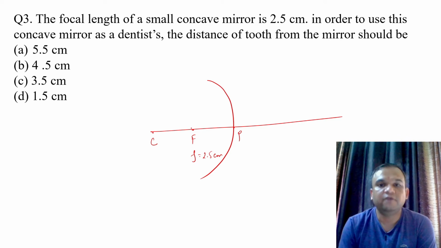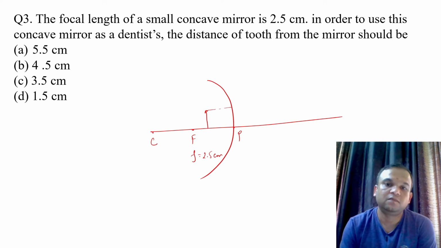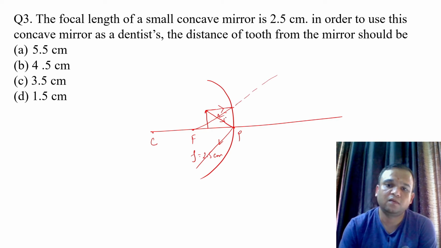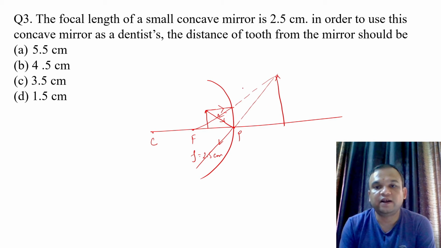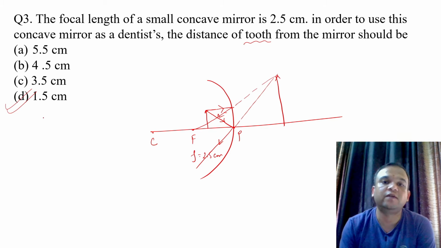And if we place the object between the focus and the pole, then what we observe is that the image which is formed is erect and virtual, and it will be magnified, and that is why it will be giving a better image of the tooth to the dentist, and that is why we can say that the distance should be less than 2.5 centimeter, and that is why the option is 1.5 centimeter.